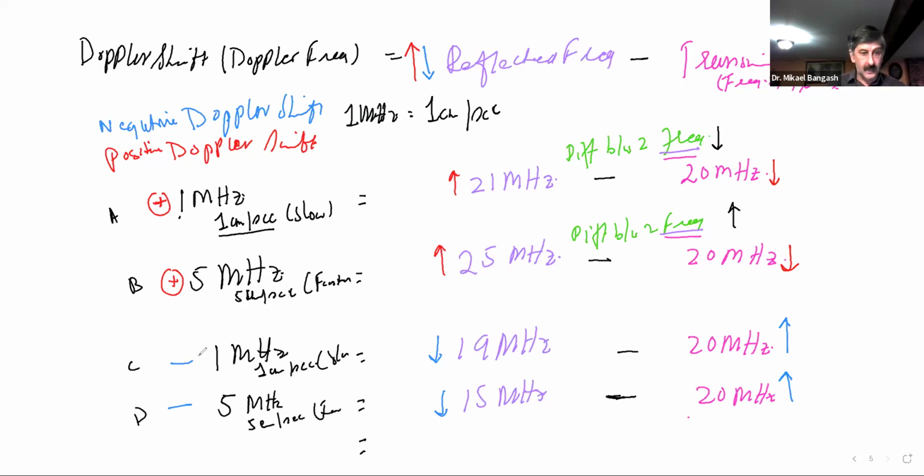Likewise here, we say, well, yes, the blood was moving. It was a negative Doppler shift. But it was moving at a speed of 1 centimeter per second away from the transducer, or it is moving at a speed of 5 centimeters per second away from the transducer.